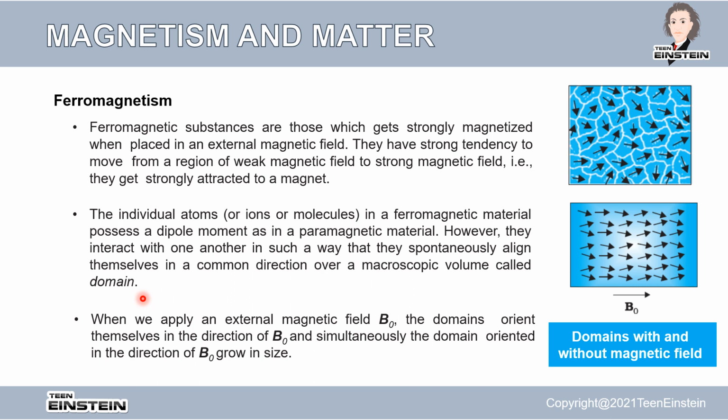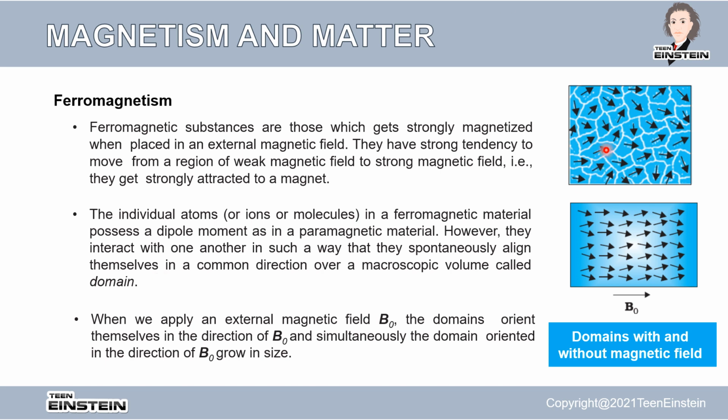Now, what is the origin of this ferromagnetism? The individual atoms or ions or molecules in a ferromagnetic material possess a dipole moment as in a paramagnetic material. However, they interact with one another in such a way that they spontaneously align themselves in a common direction over a macroscopic volume called a domain. So these are the domains.